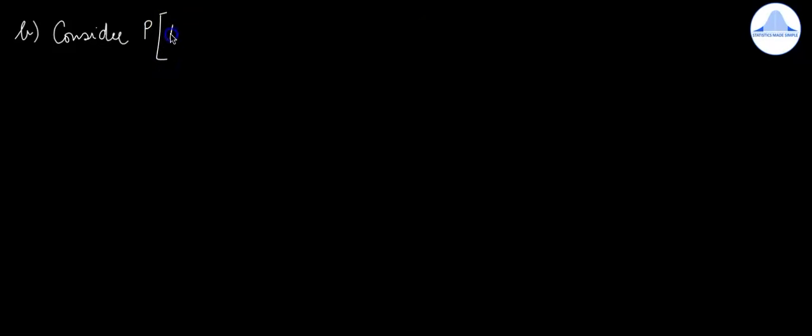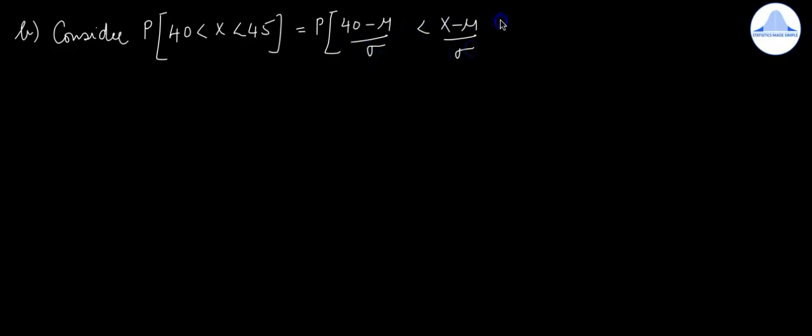So it's the probability of 40 less than x less than 45. So again standardize. So this is probability of (40 minus mu) divided by sigma less than (x minus mu) by sigma less than (45 minus mu) divided by sigma.